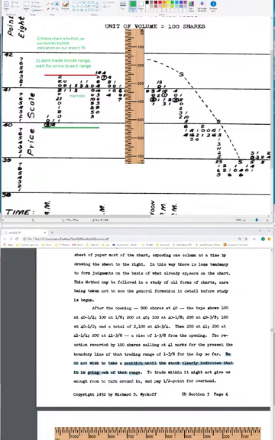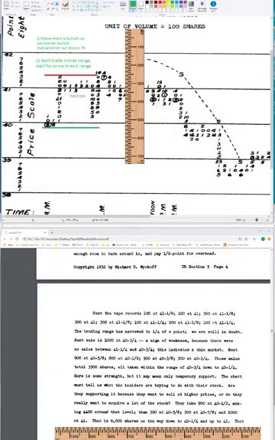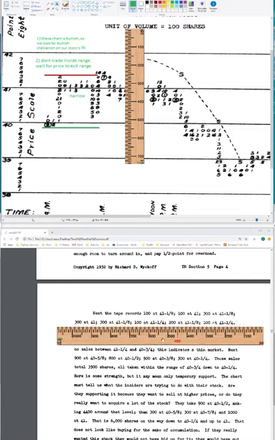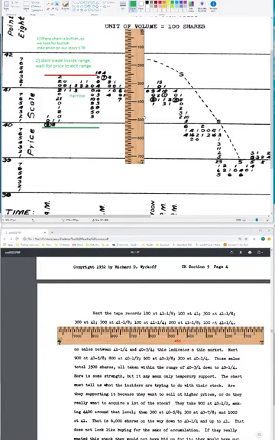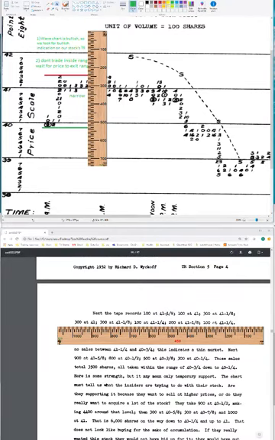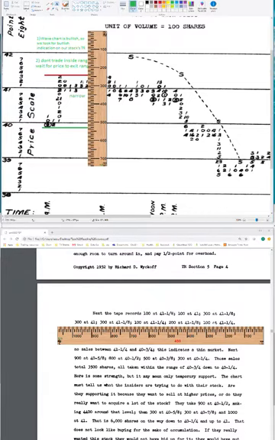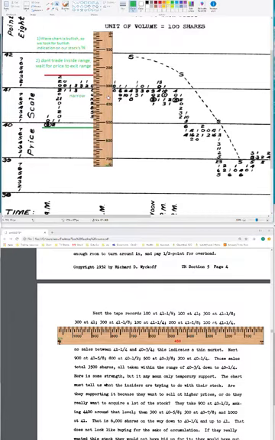So we noticed that we're not going to play the range. We're waiting for a breakout. So next the tape records 100, 1 and 2, 41 and 1/8. 2 at 41 and an eighth right there, and then 1 at 41 and a quarter right up here.